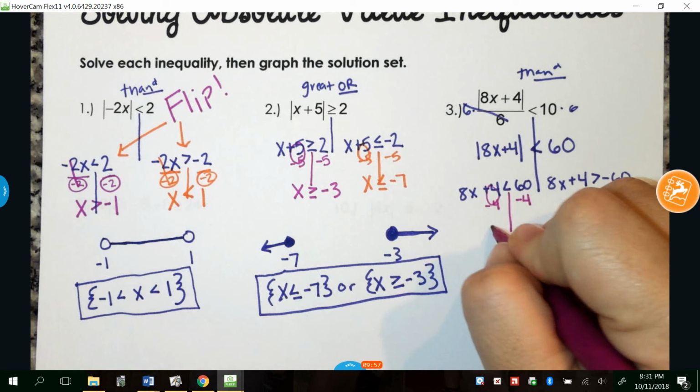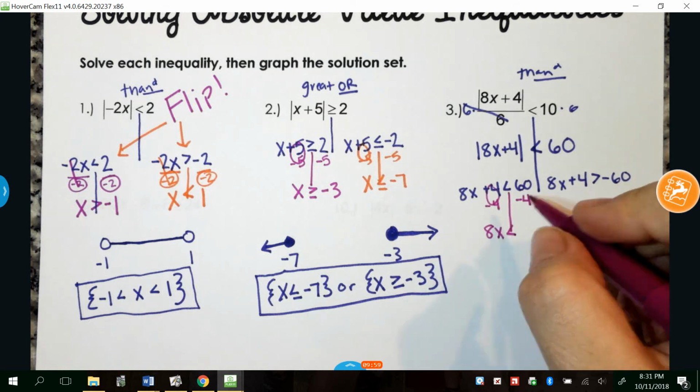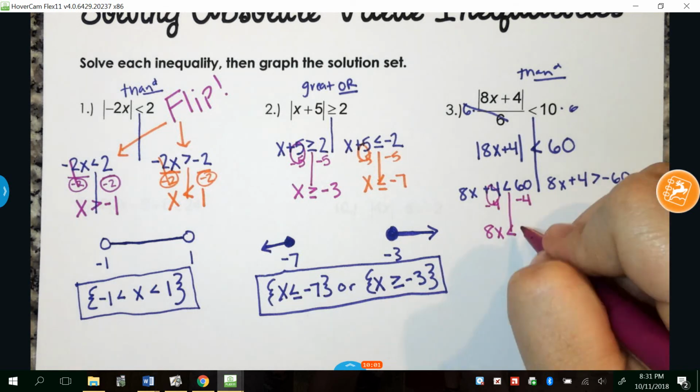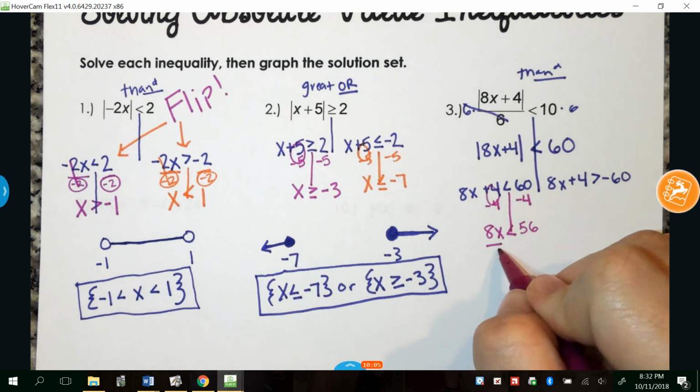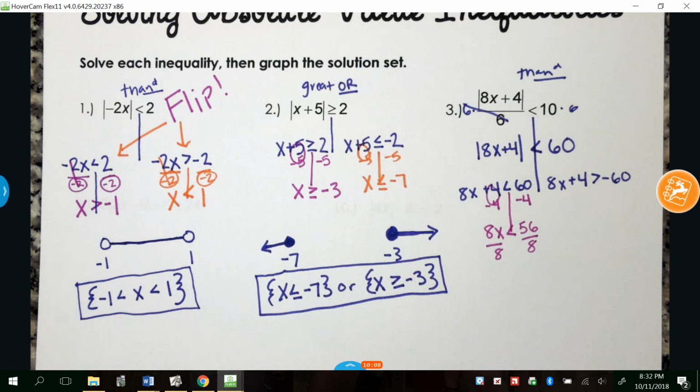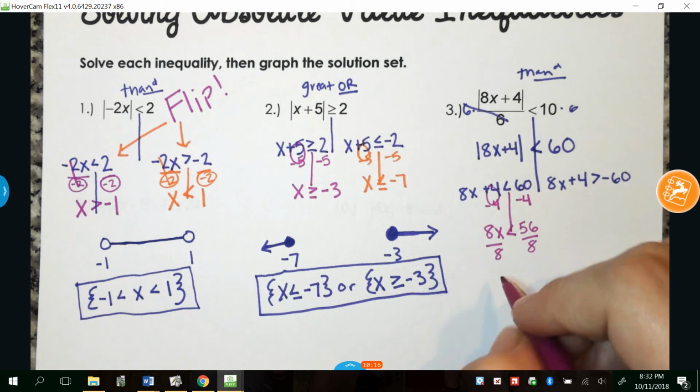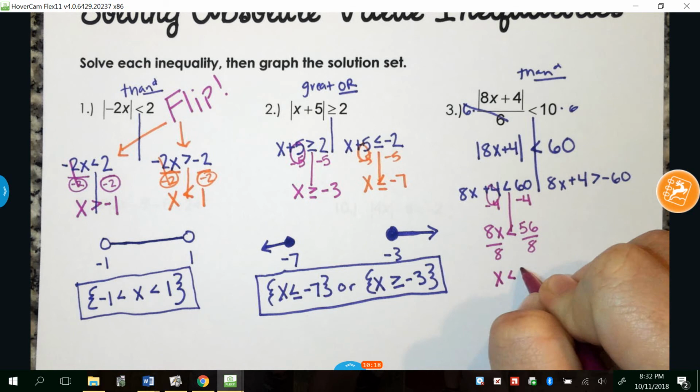That goes away. I'm left with 8x is less than, what's 60 minus 4? 56. Okay, then I'll divide both sides by 8. Give you a second to get that down. Okay, so this gives us x is less than 7.